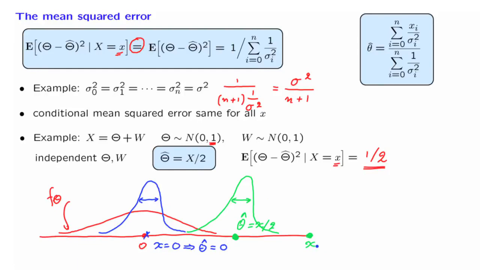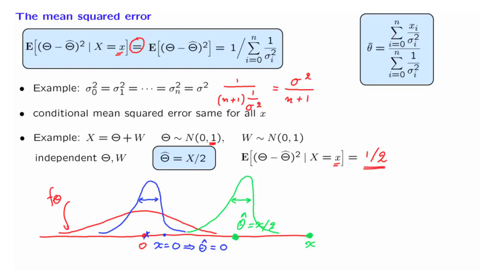So even though this particular observation value is unusual, after it is obtained, the remaining uncertainty about theta is the same as if we had obtained any other particular value of x. So this is a very remarkable property that's special to this type of estimation problems involving normal random variables and linear relations.